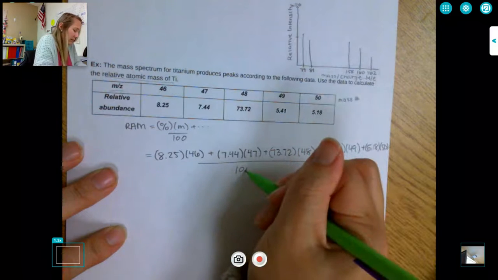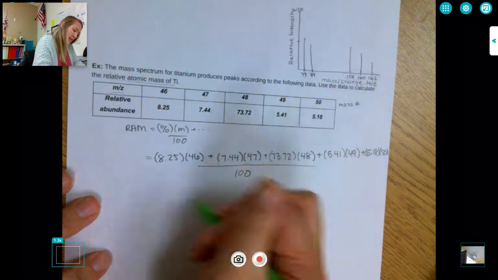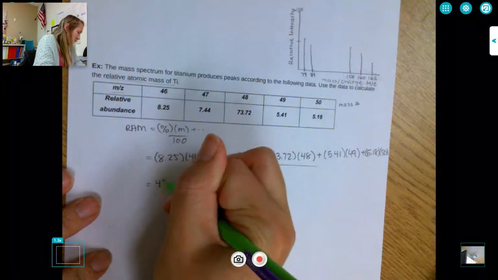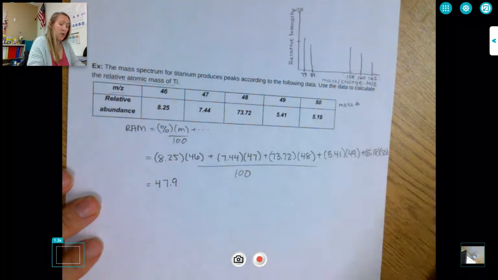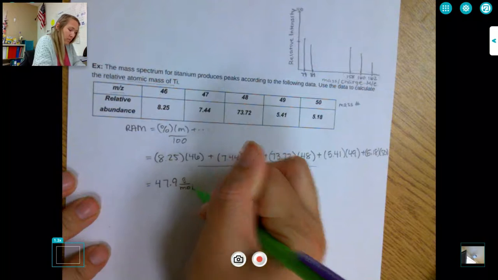All of that divided by 100, and I did this ahead of time. So when I plug this in my calculator, I get 47.9, and my units, because this is an average atomic mass or a molar mass, are grams per mole.